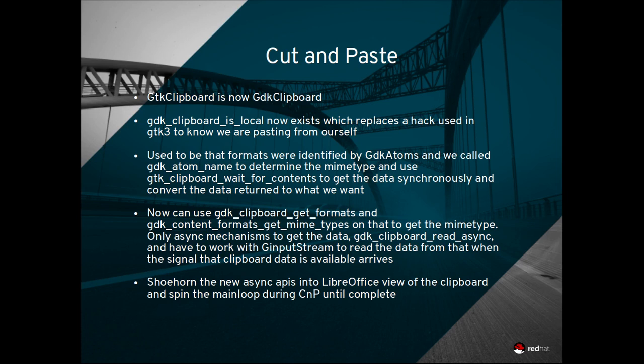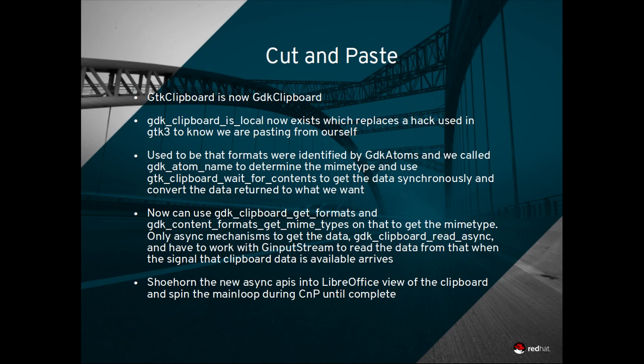You have to call gdk_clipboard_read_async, and then a whole set of callbacks are triggered by that, and you're given a GInputStream to read the data from, and you read a chunk of data, and then you return back to request it to read the next chunk, and eventually it'll arrive back with the final chunk, at which point you have all the data that you need from the clipboard. So it's a more roundabout mechanism from our perspective.